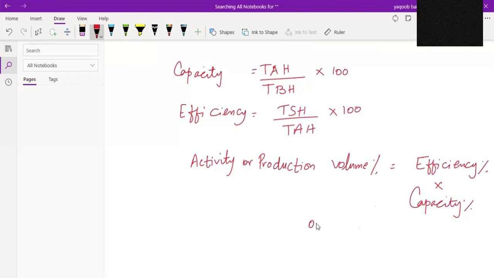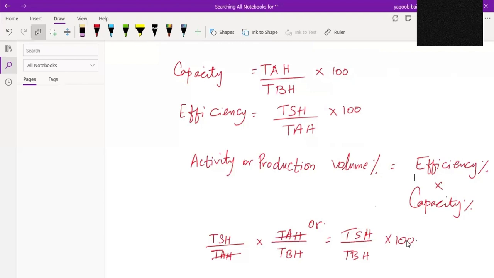Or alternatively, we can say efficiency means total standard hours divided by total actual hours, into total actual hours divided by total budgeted hours. So we can cancel out, and it becomes total standard hours divided by total budgeted hours into 100.